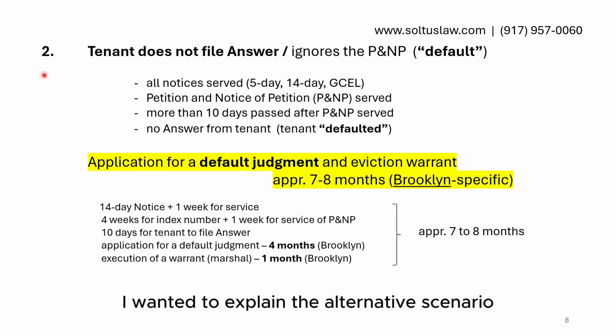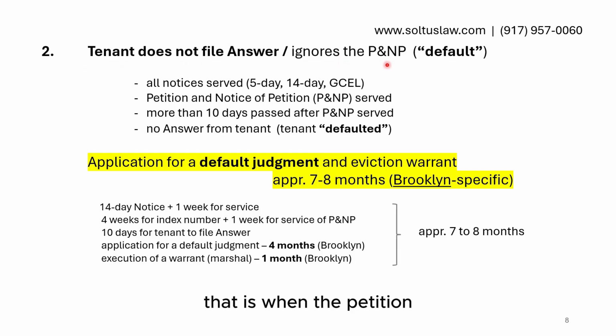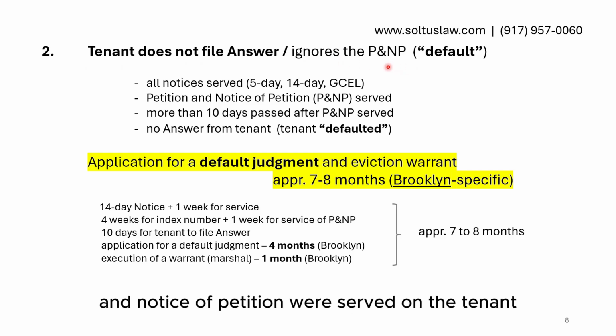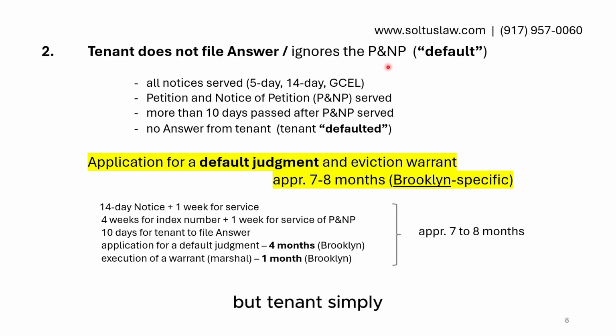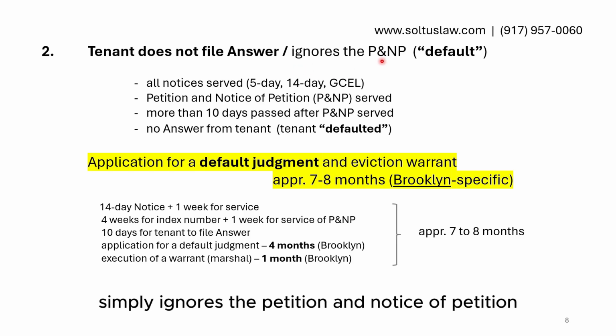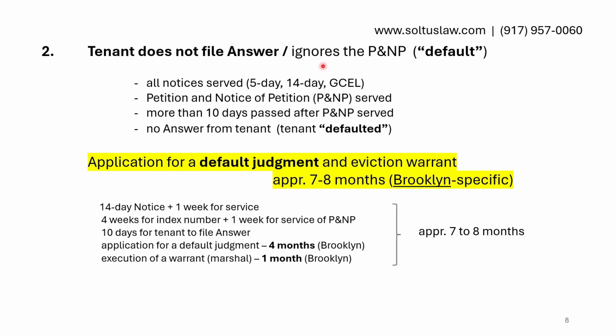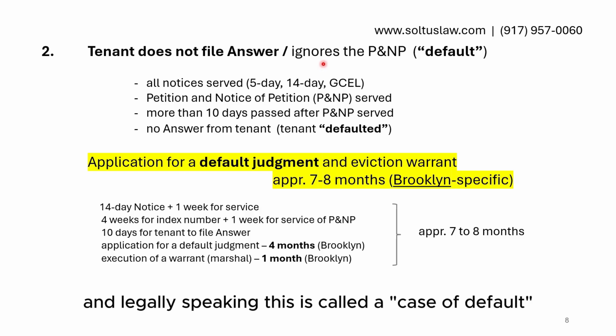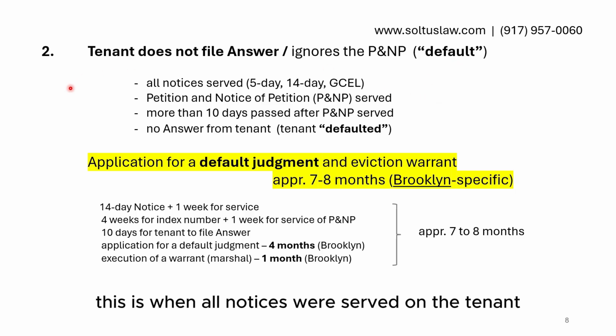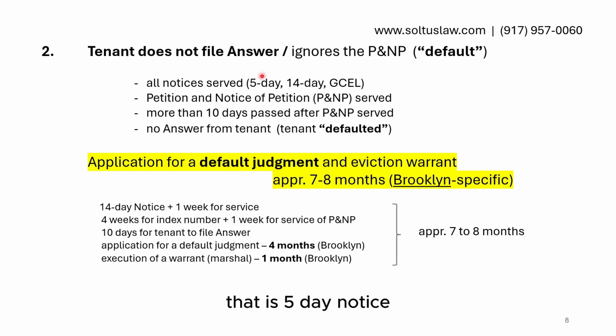On this slide, I wanted to explain the alternative scenario. That is when the petition and notice of petition were served on the tenant, but the tenant simply ignores them and does nothing. Legally speaking, this is called a case of default. How does it happen? This is when all notices were served on the tenant: the 5-day notice, the 14-day notice, the good cause eviction law notice.